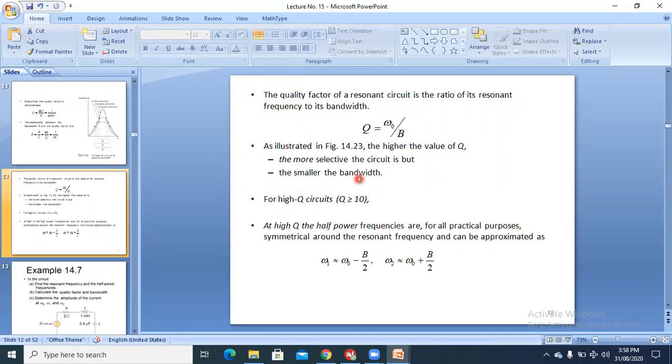If we want to determine the values of omega 1 and omega 2, with the help of the quality factor we can calculate the bandwidth. And from the bandwidth we can calculate omega 1 as omega naught minus B by 2, and omega 2 as omega naught plus B by 2.